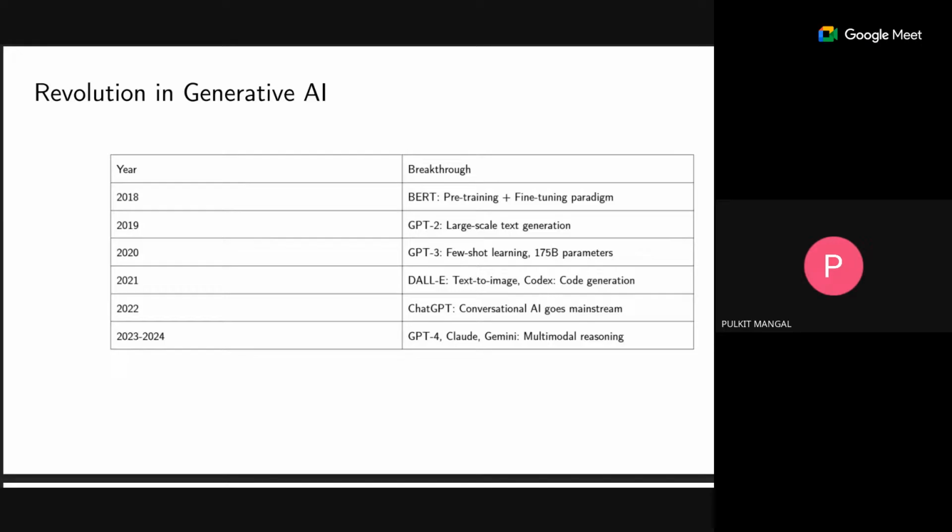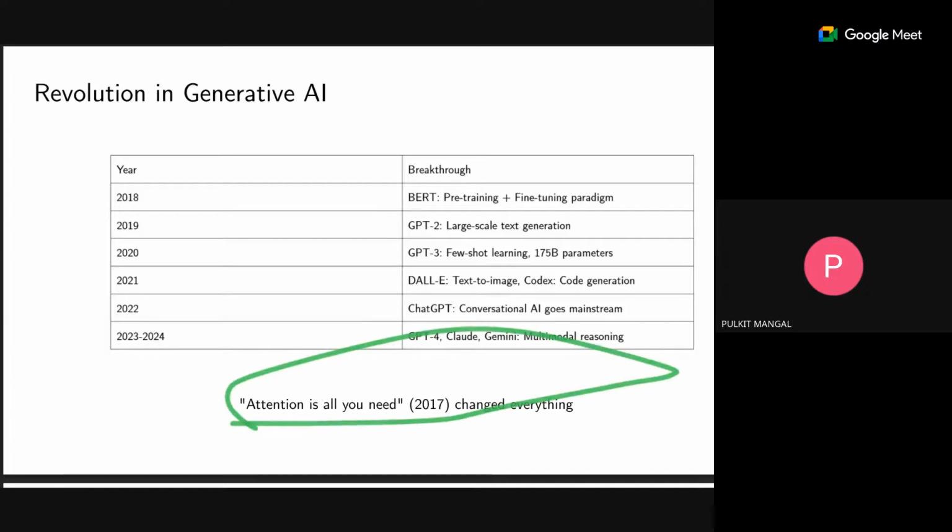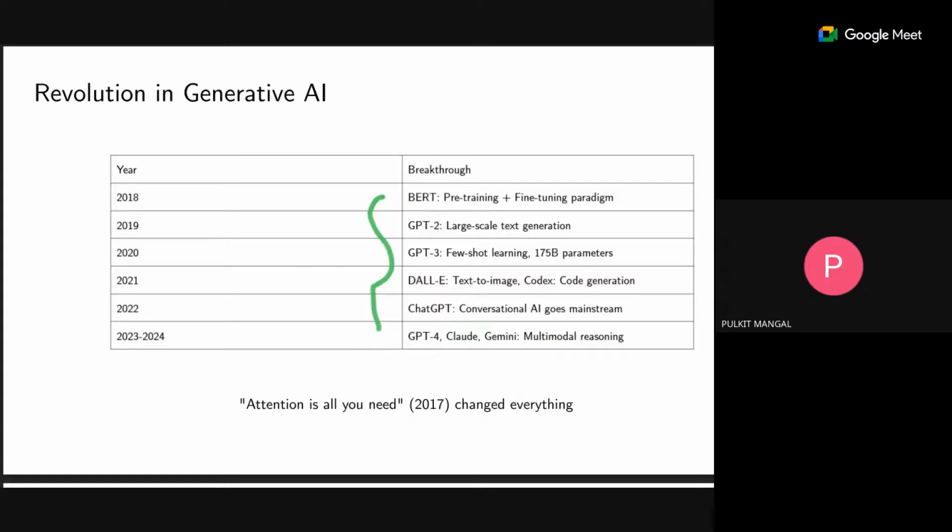So all these different models that we see nowadays follow one main architecture block, the transformer block, which came in the 2017 paper Attention is All You Need, released by around 8 scholars from Google Brain Lab. This was the most important building block for each of the models that we see today.